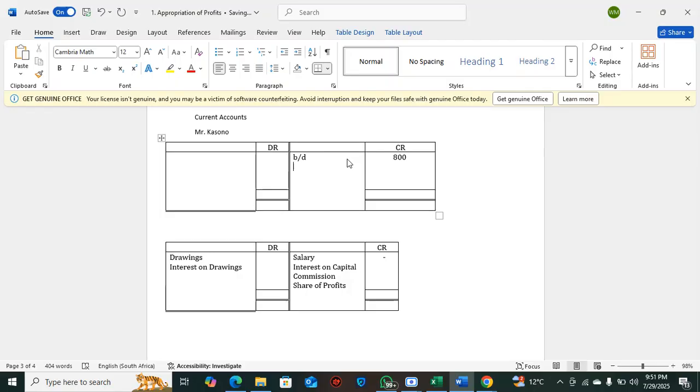Mr. Kasono was not on a salary. So next you say interest on capital.